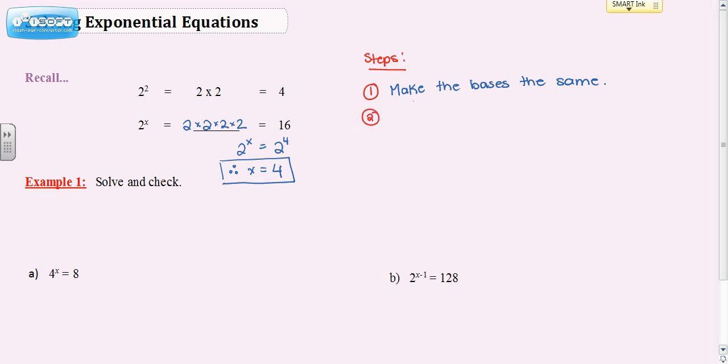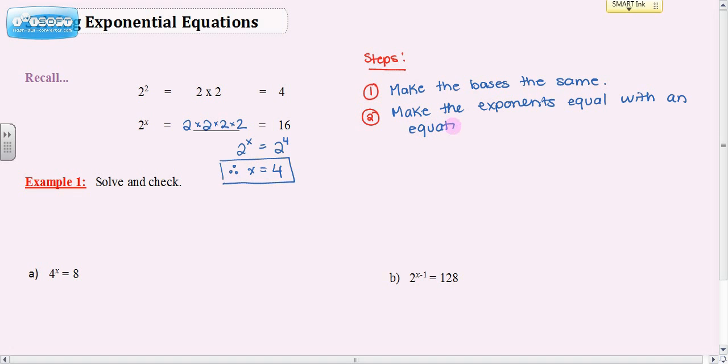The second step: once the bases are the same, so for example this step here, 2 to the x equals 2 to the 4, the bases are the same, so now I just know that the exponents have to equal. So now I can just make the exponents equal with an equation.